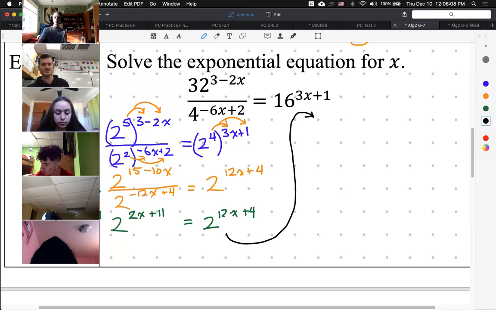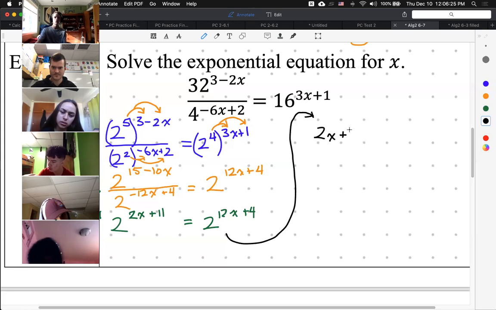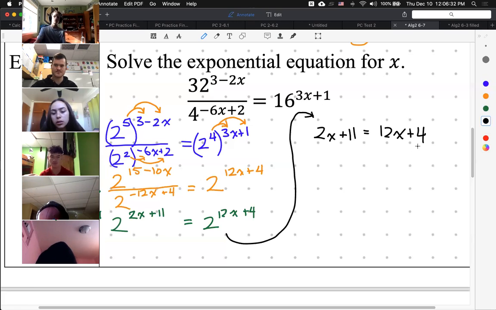Jade, I've only heard from you once. Do a second one. So because the bases are the same, you're just going to rewrite their exponents to 2x plus 11 and 12x plus 4. There it is.